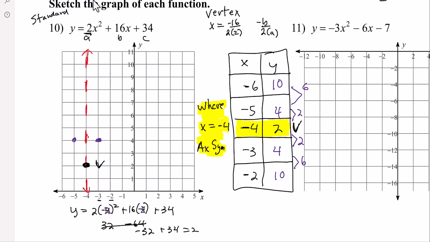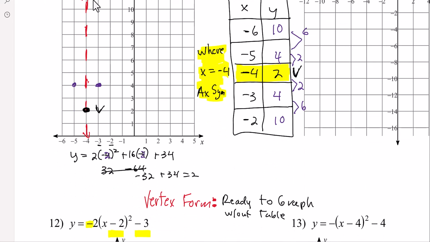So if we put negative 2 in there, negative 2 squared is 4. 4 times 2 is 8. 16 times negative 2 is negative 32. So when you add those two together, you get negative 24 plus 34.